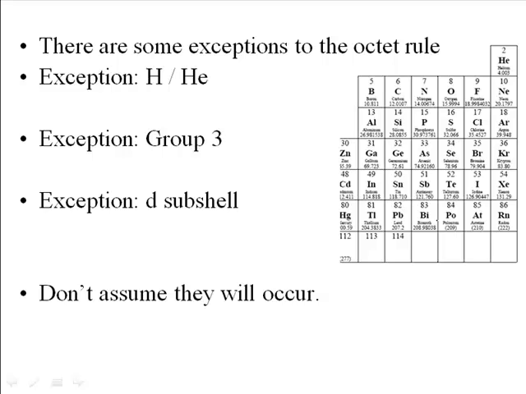The ones that are most common, and you'll probably see even in biology classes, are cases where something like phosphorus or sulfur or chlorine has access to more than 8. Sometimes phosphorus is very stable when it has access to 10 or even 12 valence electrons. So don't be alarmed if you see these molecules in Lewis structures with larger or smaller numbers than 8 valence electrons, but don't assume they'll occur.